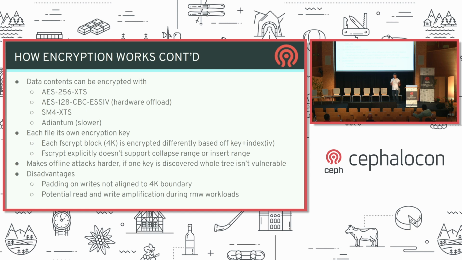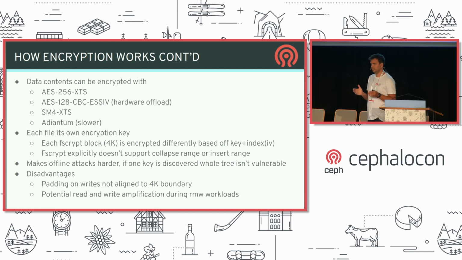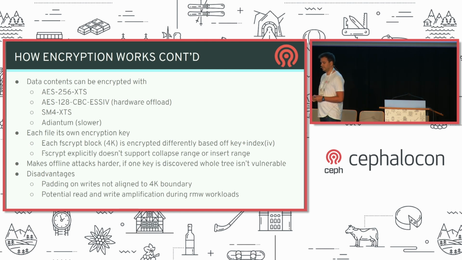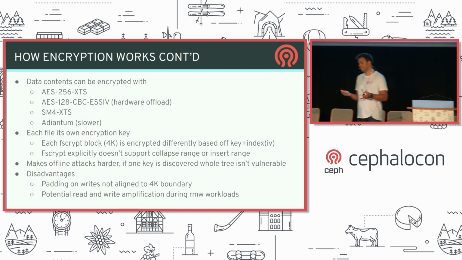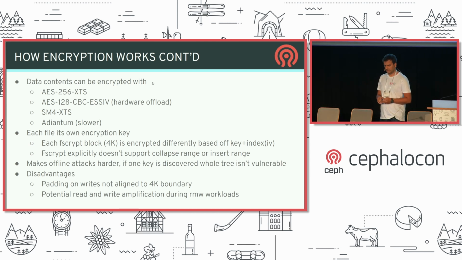So how it works is, let's just keep it a small file that's 2K, it'll end up actually writing 4K. It does that so the true size isn't visible to the user, so they can't infer anything from the data contents, essentially. And then also read-modify-write workloads are going to have read amplification and write amplification.